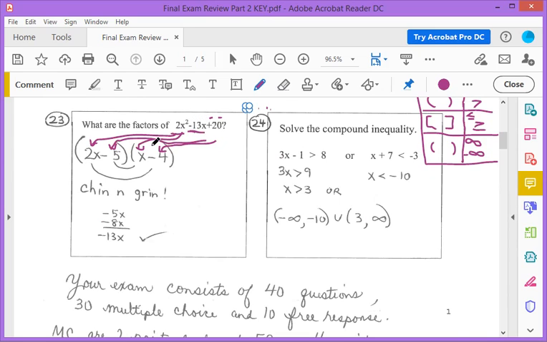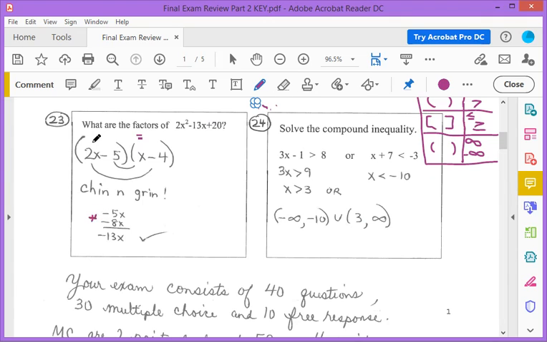So we can check this work to make sure that we factored correctly. The way you check the work is you multiply the inner terms and the outer terms and then add them together. The inner terms are negative 5 times x, that's negative 5x. And then we're going to add that to the outer terms.